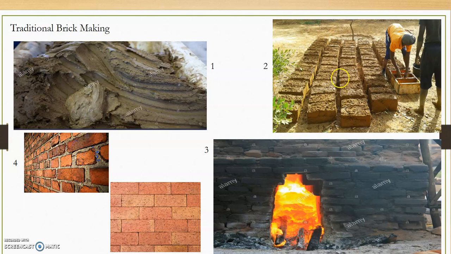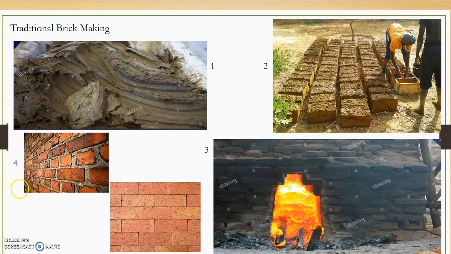So once your bricks have dried, you put them in a kiln, which looks like that. This is where the firing takes place, and you make sure that you fire your bricks at a very, very high temperature. This hardens the brick, and then the final product will look something like that. These two are bricks made in different ways.